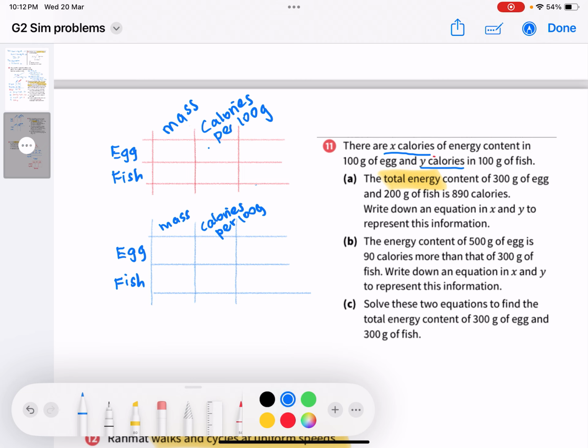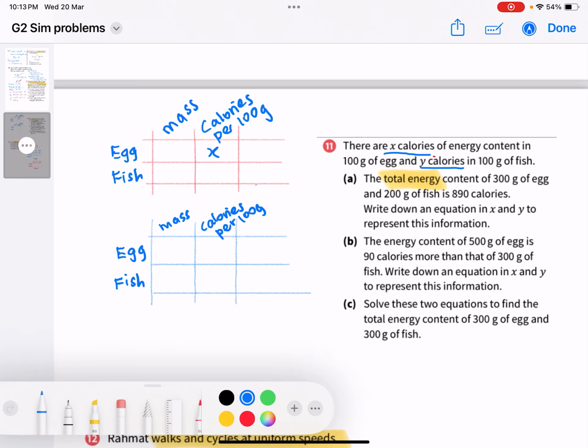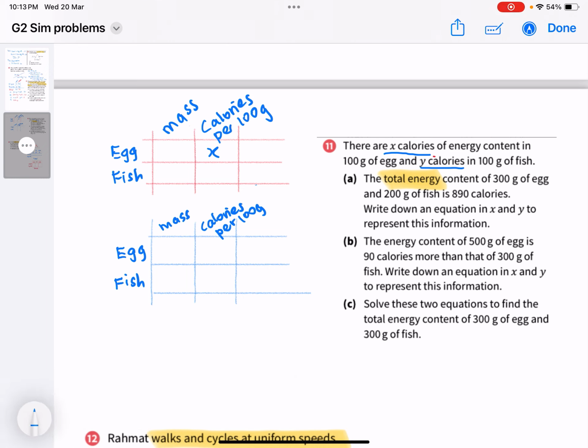So x calories per 100 grams of eggs, and for the fish is y calories for 100 grams of fish.